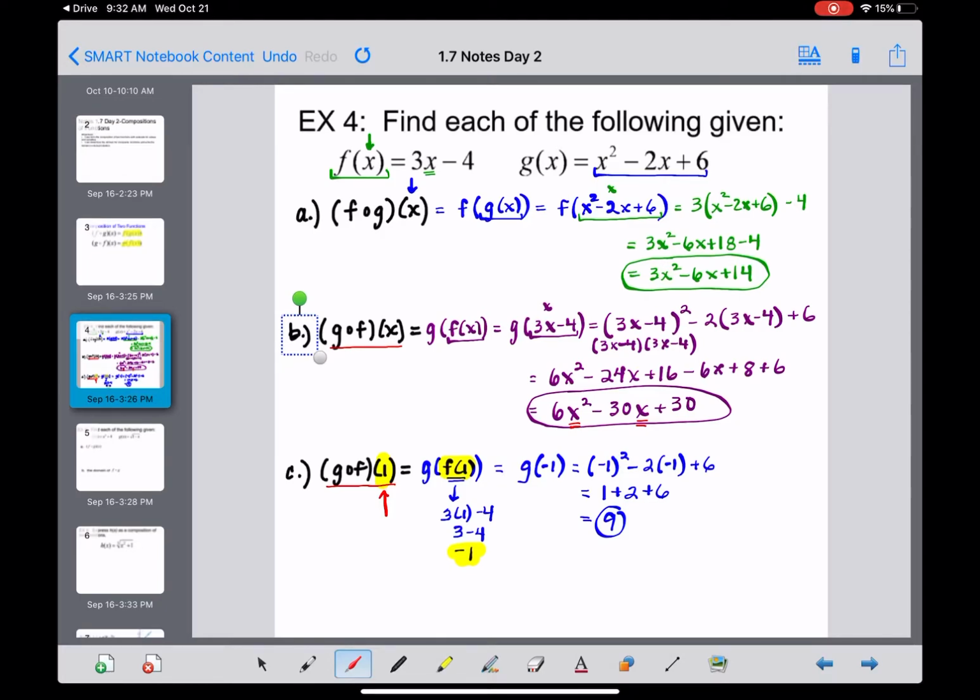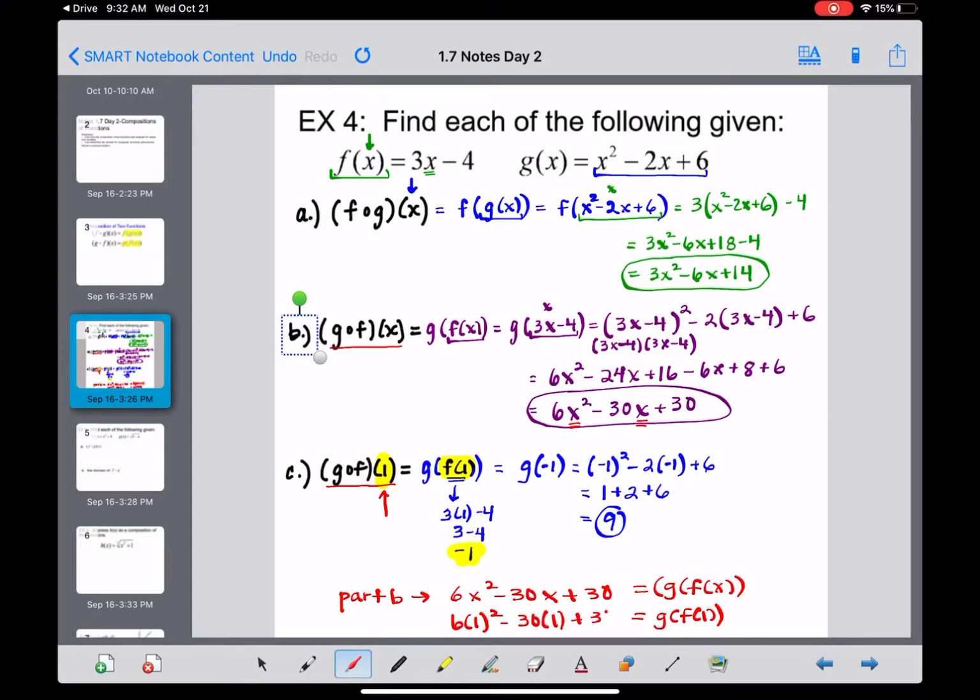Okay, so you could go back up here to part B. From part B, we had 6x squared minus 30x plus 30, and that was g of f of x. So what I can do is if I want g of f of 1, I could just sub a 1 in there. So 6 times 1 squared minus 30 times 1 plus 30.